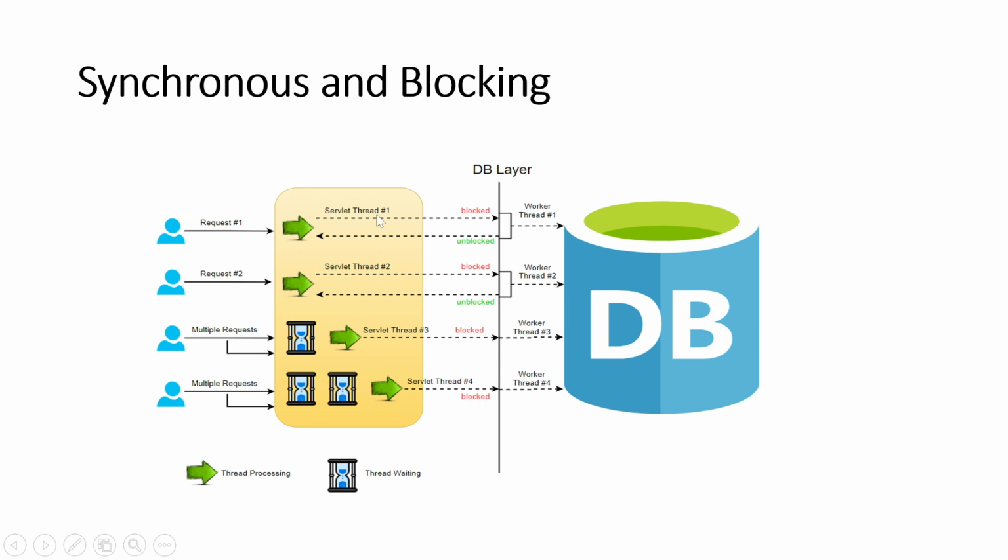Once a request comes to the server, the thread is blocked. We can't use the thread for any other request. Until the request is closed, the thread will not be released, and only then will it be assigned to another request.